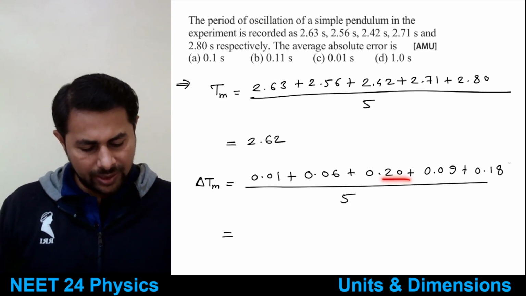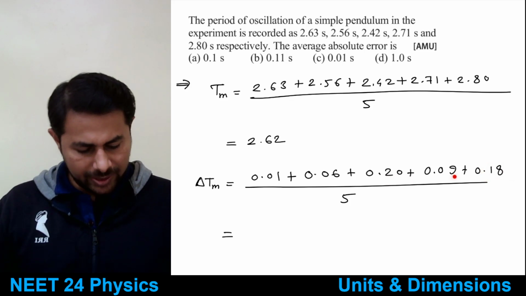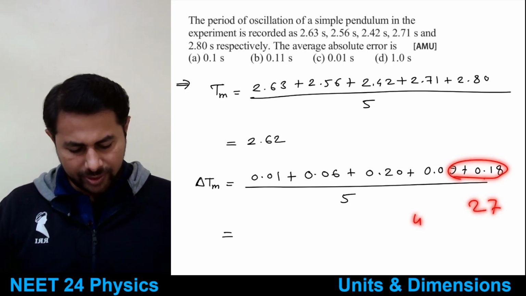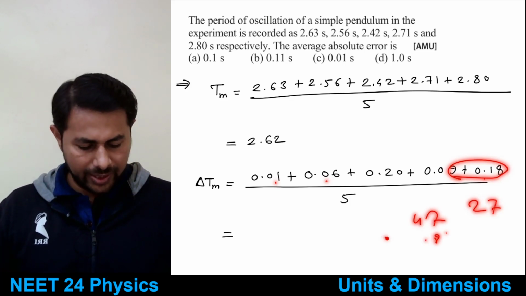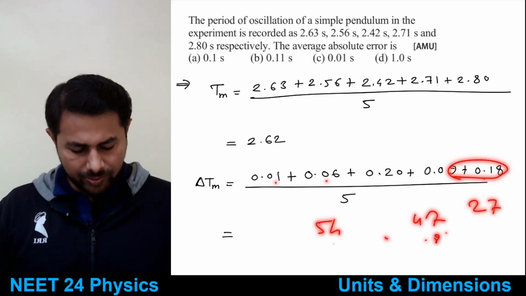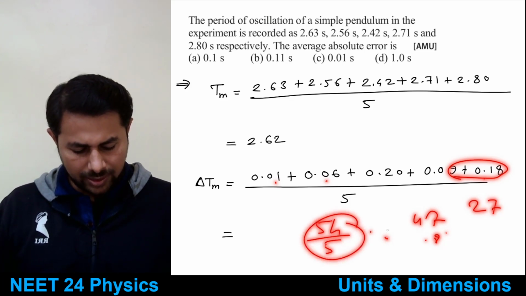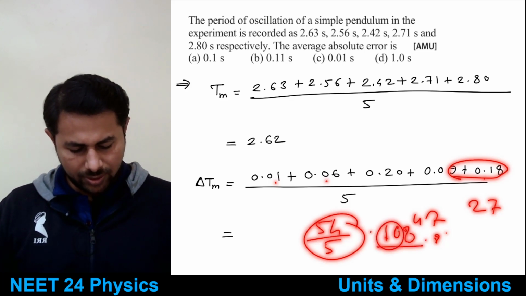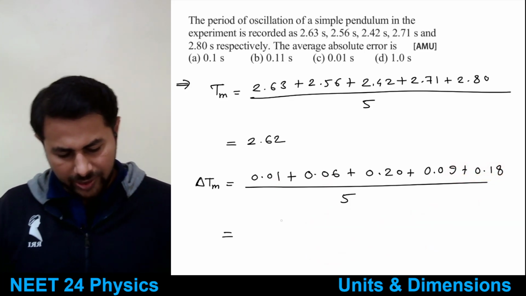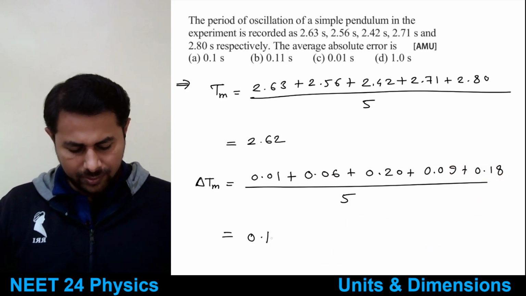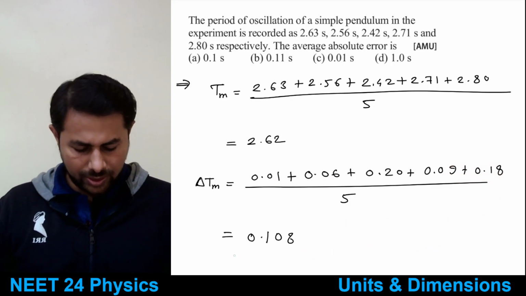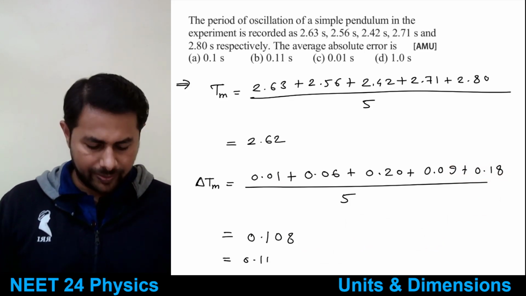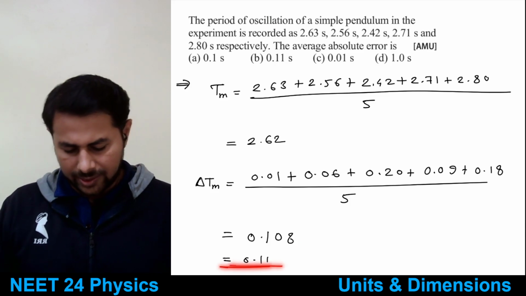So 20 plus 18, plus 27 is 47, 47 plus 1 is 48, 48 plus 6 is 54, 54 divided by 5, so that is 108. So 0. Okay, that will be 0.1. Okay, 0.108 it is, and you will round it up, so it will be 0.11, not 1, right? So this is the answer.